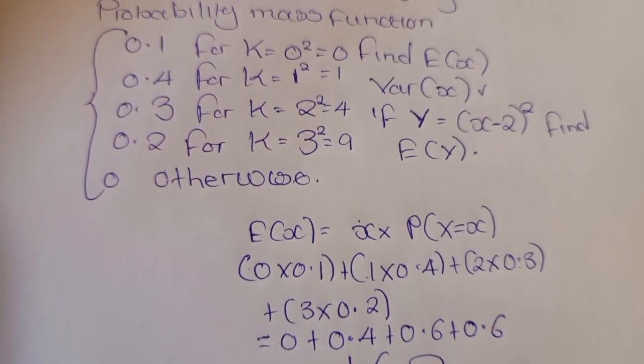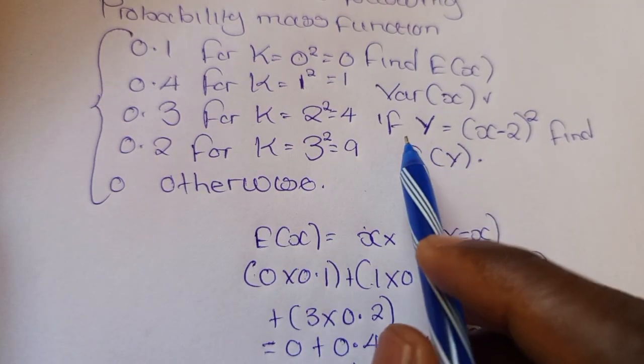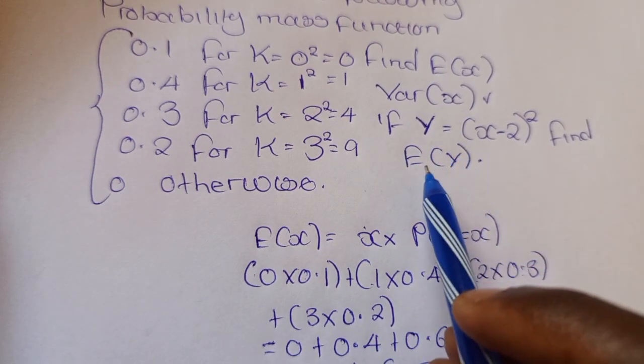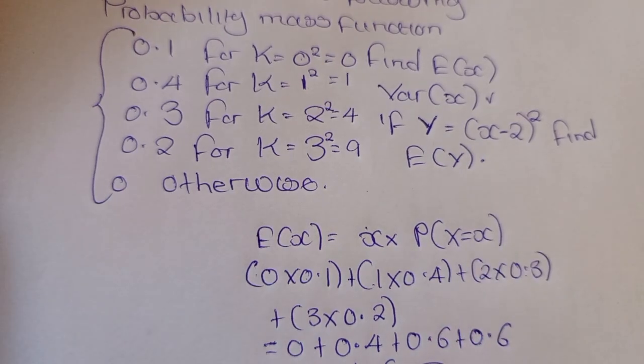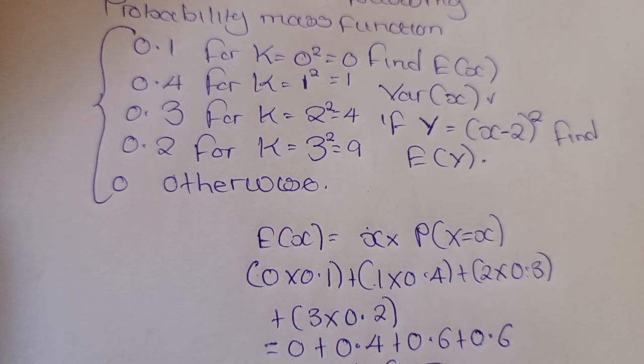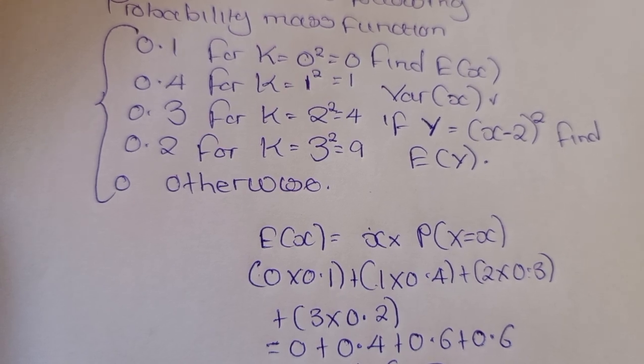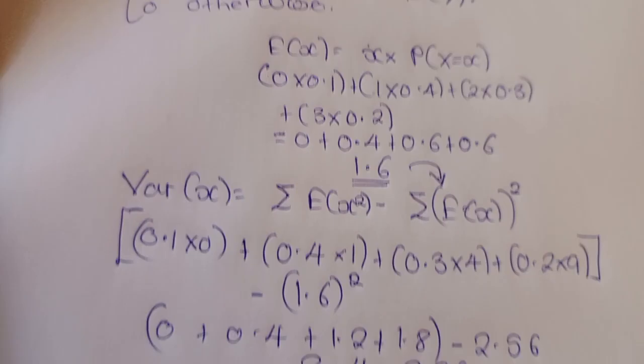Then the last question that we have is for us to solve for the expected value of y, knowing that y in this case is basically x minus 2 squared. But you are told to find the expected value of y. What are you going to do given such questions?